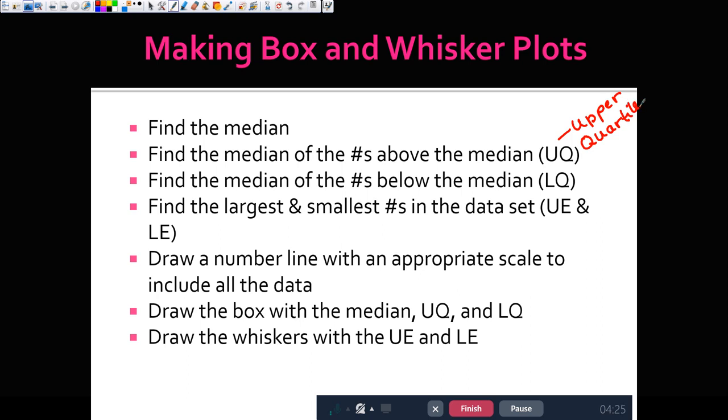Then we're going to find the median of the numbers below the median, which is going to give us our lower quartile. Then we're going to find the largest and smallest numbers in the data set, which will give us our upper extreme and our lower extreme.